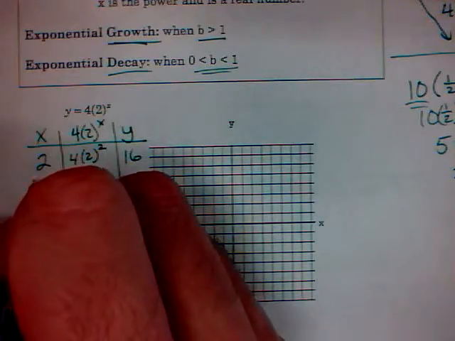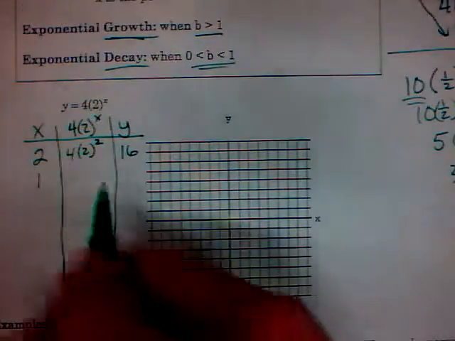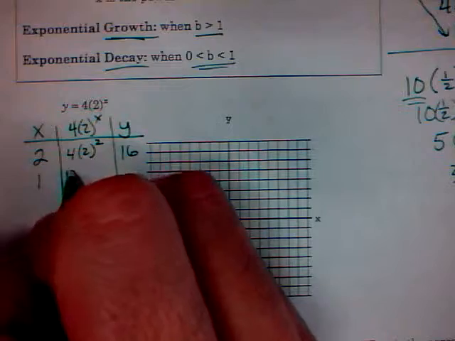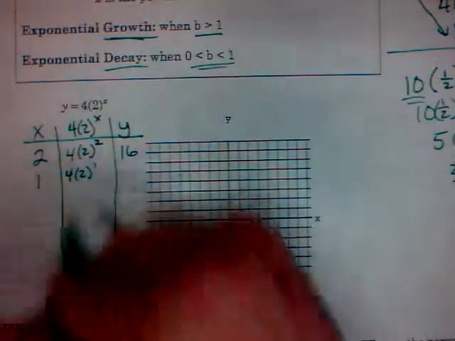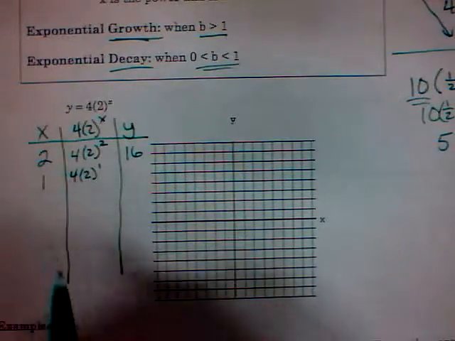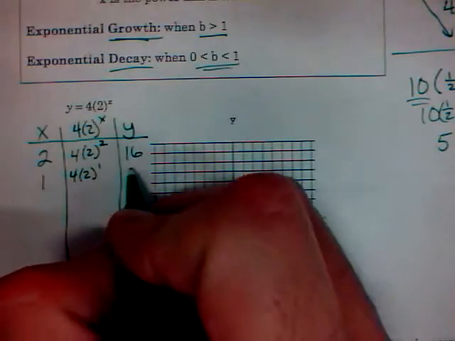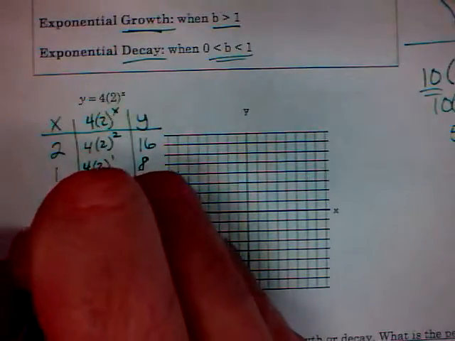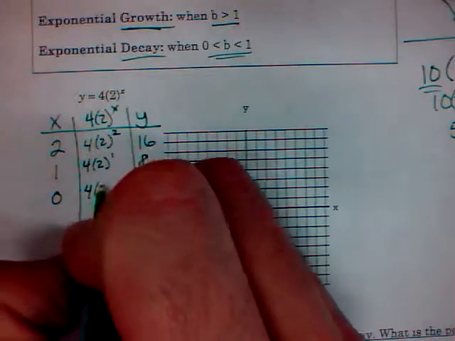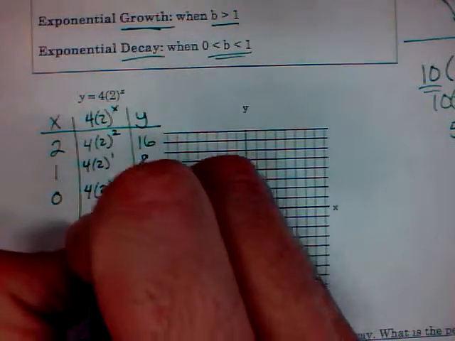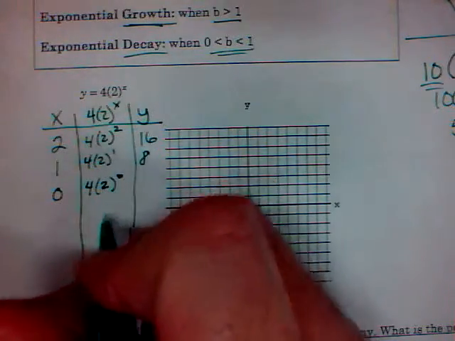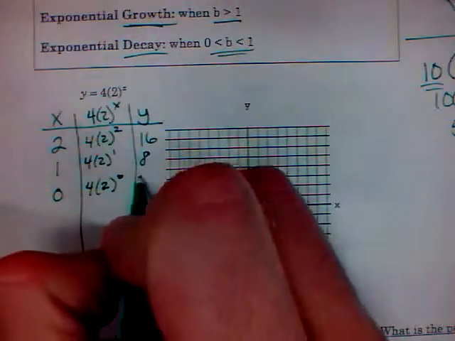Because 16 is already large, so let's get smaller. If x was 1, this would be 4 times 2 to the first. Well, 2 to the first would be 2 times 4, which would be 8. Then if we made this a 0, this would be 4 times 2 to the 0. Any number to the 0 power gets you 1, so 1 times 4 gets you 4.